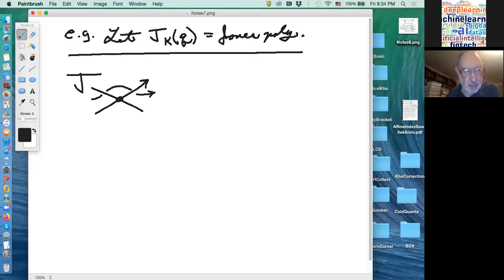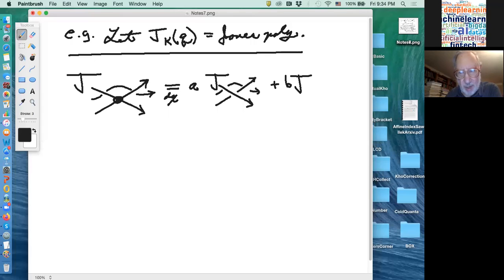And we want to see what will happen. Well, by definition, this is going to be a times j of, and I have to draw this diagram again, over, plus b times j of the diagram drawn with the flipped crossing, right? That was my definition. I'm going to insert positive and negative crossings with a and b weight.